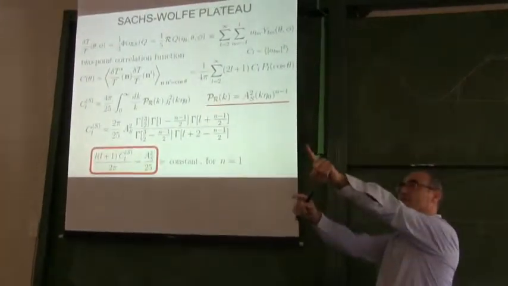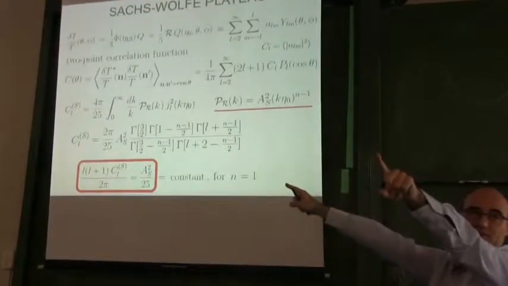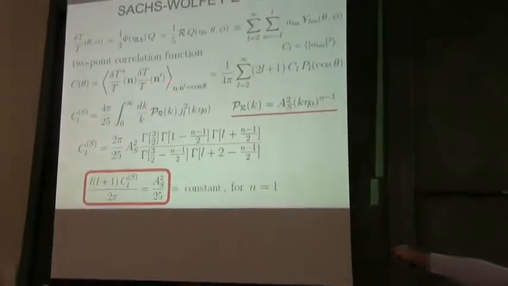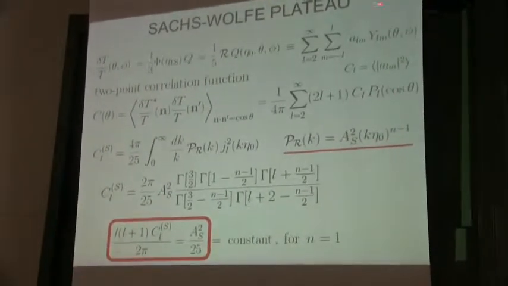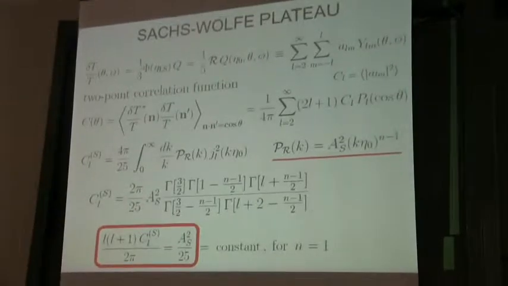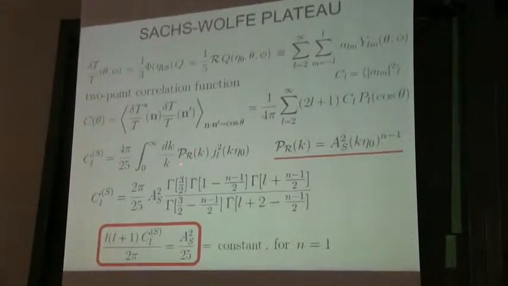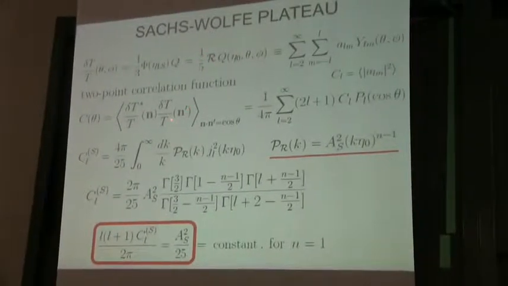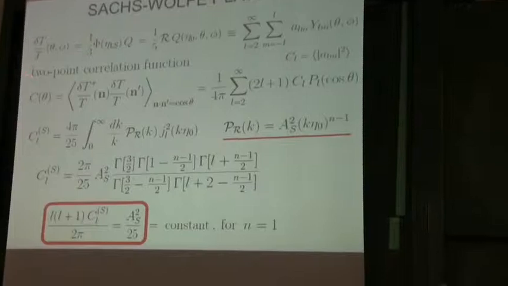So how probable it is to find a given fluctuation in this direction and that direction, as a function of the angle between the two directions. It can be expanded in Legendre polynomials, which are combinations of the spherical harmonics, with coefficients which are the C_Ls, the square of this. The C_Ls, fortunately, can be written in terms of the primordial spectrum. We have the two-point correlation function, which, remember, was related to the power spectrum of the scalar fluctuations.